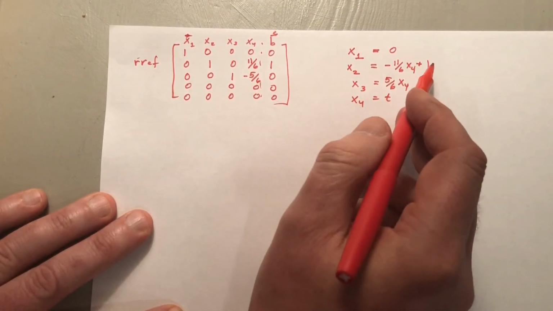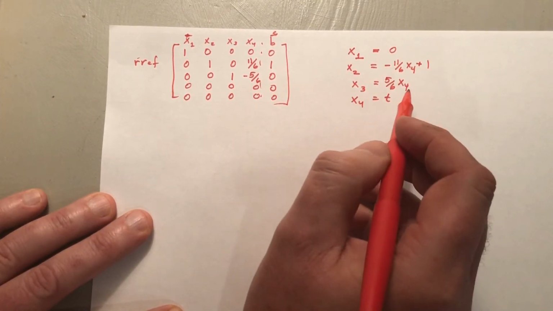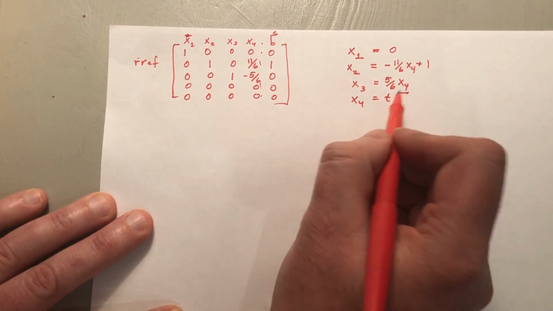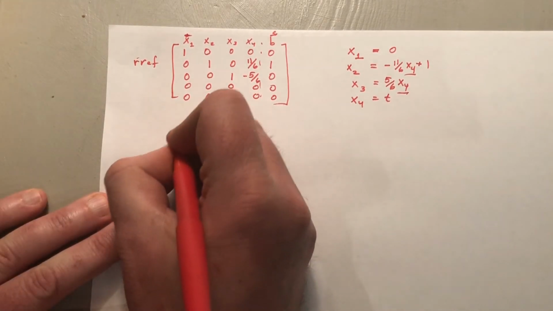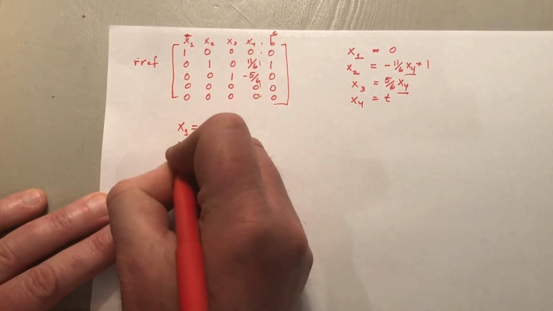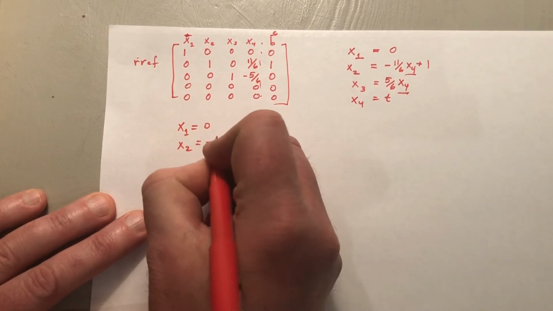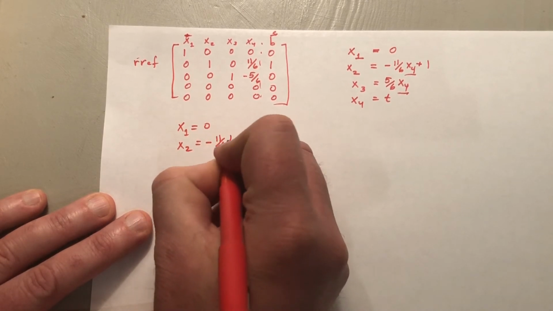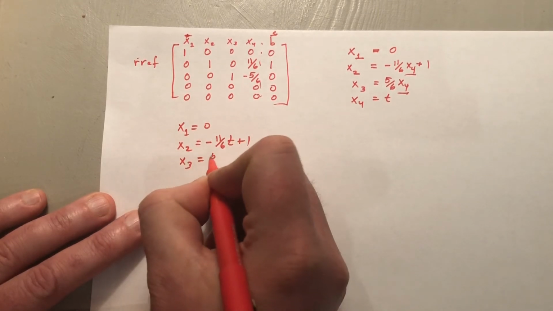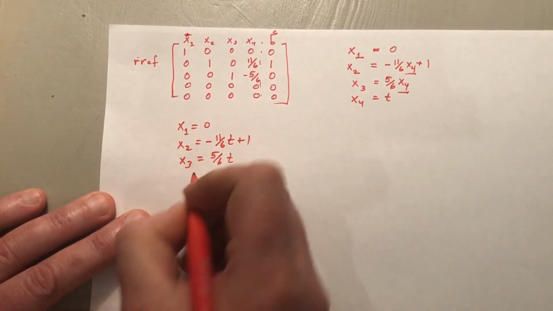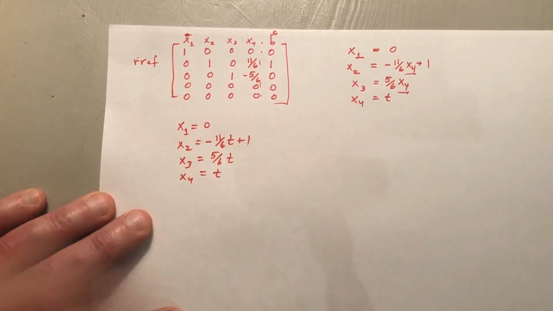Now, this is not the way to leave your answer. You've got to write everything in terms of your free parameter. So x1 equals 0. x2 has to equal negative 11/6 t plus 1. x3 equals 5/6 t, and x4 has to equal t.